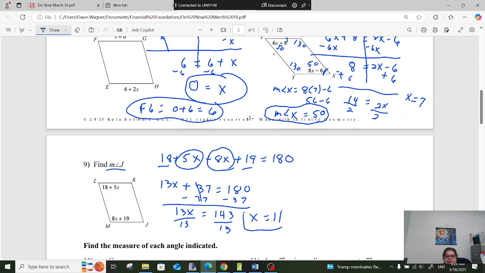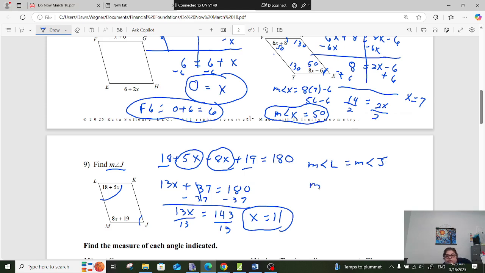Okay, but I'm not done because I need angle J. But I know that angle L and angle J have to be equal because it's a parallelogram and opposite angles are equal. So if I find the measure of angle L, I also know that's the same as the measure of angle J, correct?